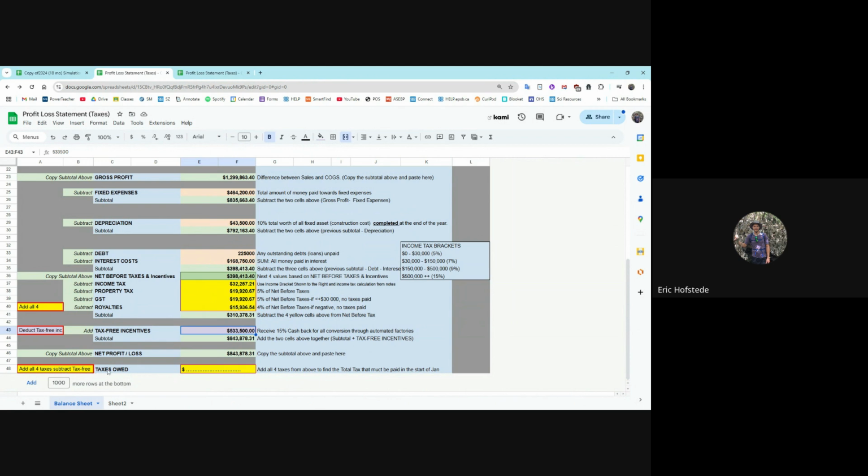Then the final thing in this assignment is to determine how much taxes are owed. That is going to be simply adding the 4 taxes from above together and then subtracting the tax-free incentive. So this is equal to this plus this plus this plus this. That's only 88,000.